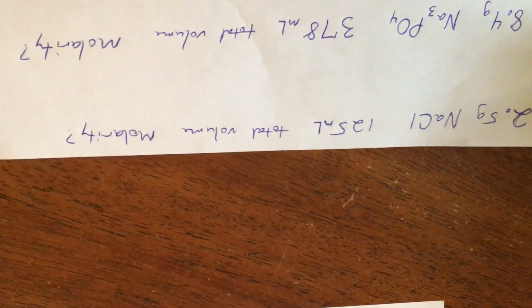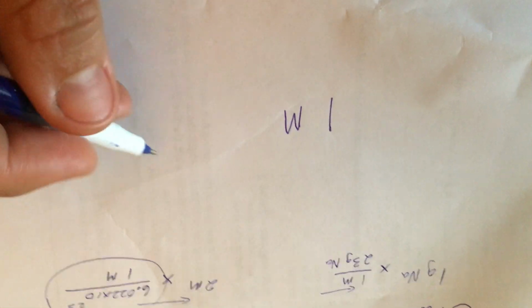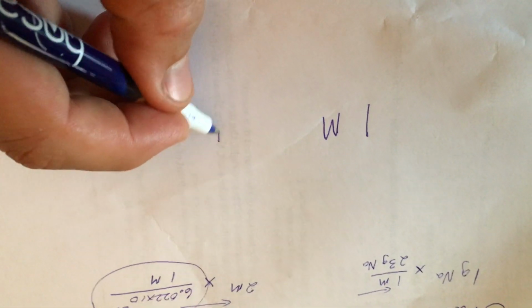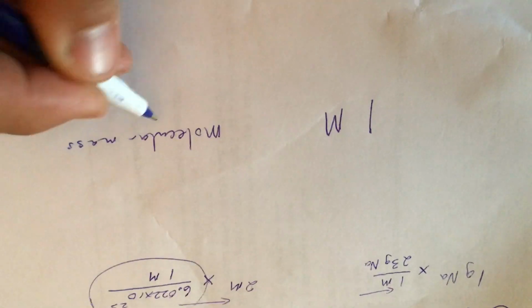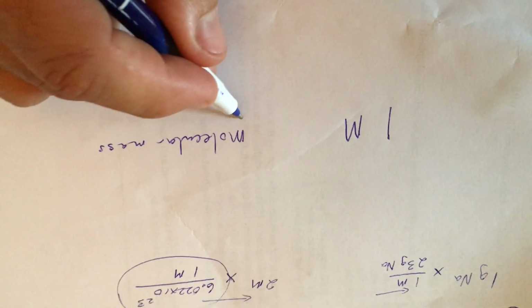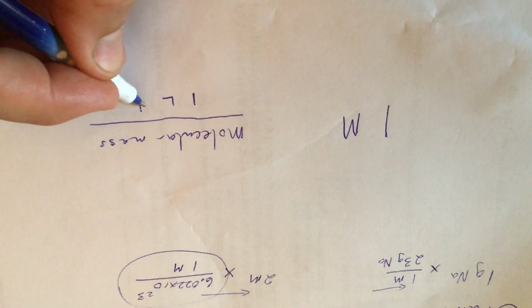Let's take a look at a couple of these problems. Before we get into that, another thing we should mention is that if you want to make a 1 molar solution of anything, you're basically going to take the molecular mass, and then add enough water so you have 1 liter total.